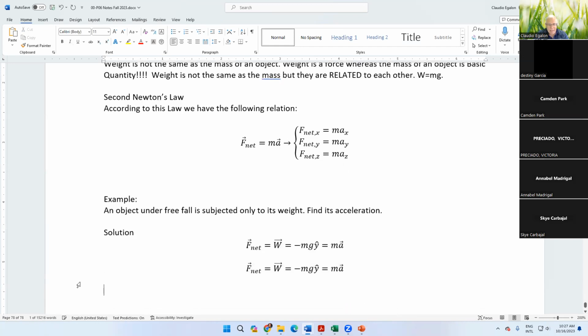And then the m cancels out with this m. And what do we get? We get this result here. The acceleration is just like you already knew. An object under free fall is subjected to the acceleration of gravity.